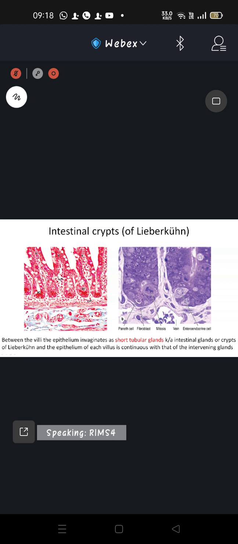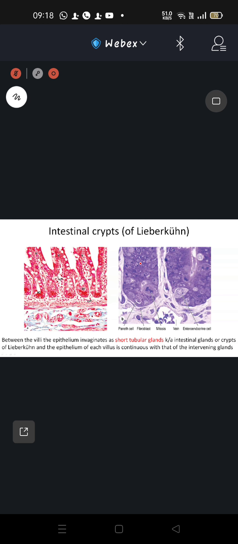These basal portions of the villi have a narrow opening of these intestinal glands. Can we see? This is the narrow opening of these intestinal glands here. So this intravillous space, the space between two villi, has this narrow opening of the intestinal gland.